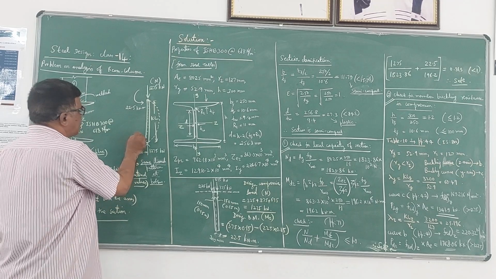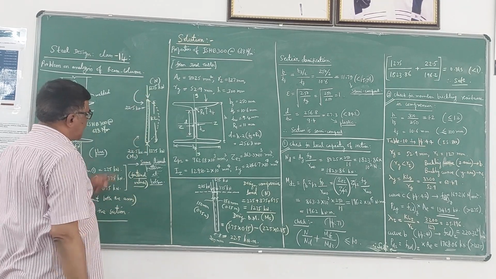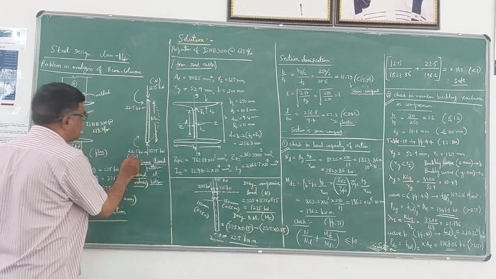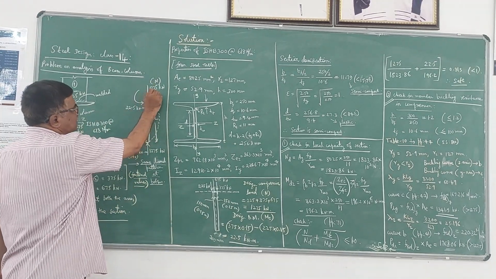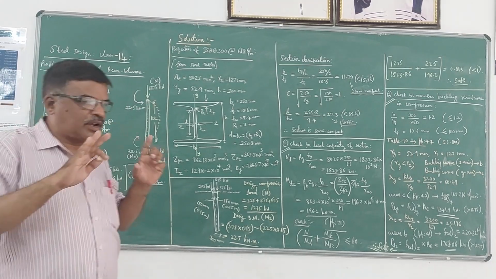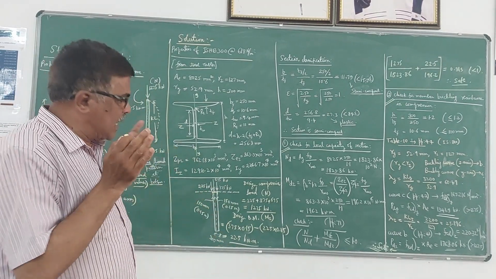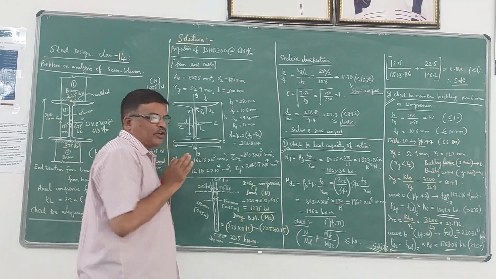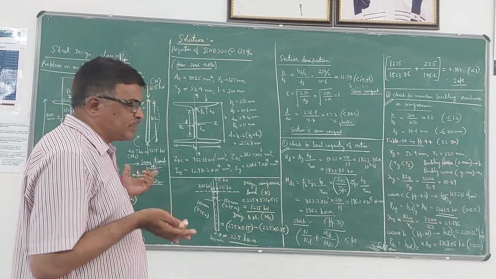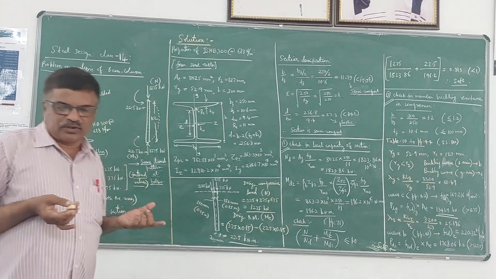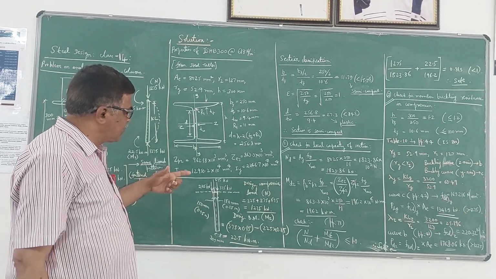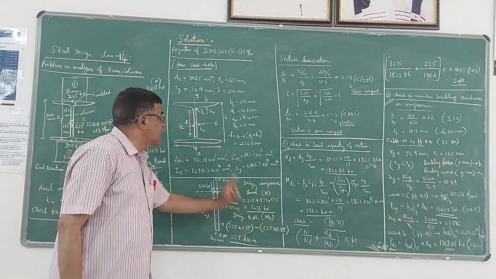Therefore, the moment will be like this at both the top and bottom. That is, 22.5 kilonewton meter is the moment, and axial load is 1275 kilonewton both at top and bottom. This is how we calculate the compressive axial load acting on the column as well as the moment. Here of course it is a uniaxial moment. There is no value of My here, only Mz is there, N and Mz will be there.